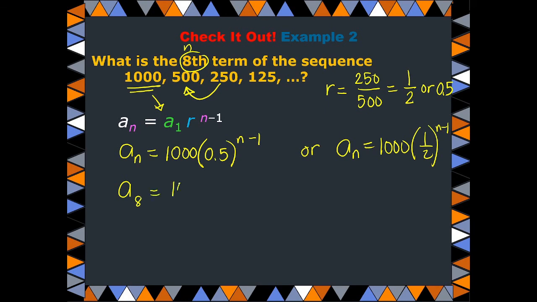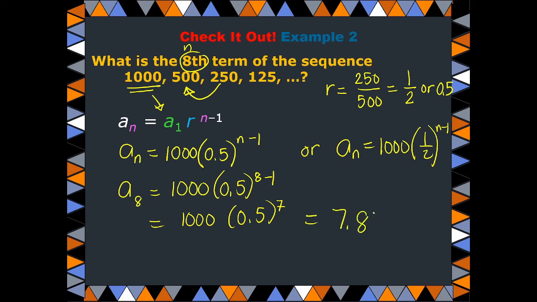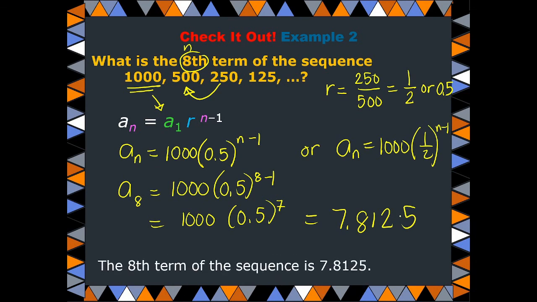This is equal to 1,000 times 0.5 raised to 8 minus 1, which will give me 1,000 times 0.5 raised to 7. So what is 0.5 raised to 7? Multiply that to 1,000. It will give us 7.8125.